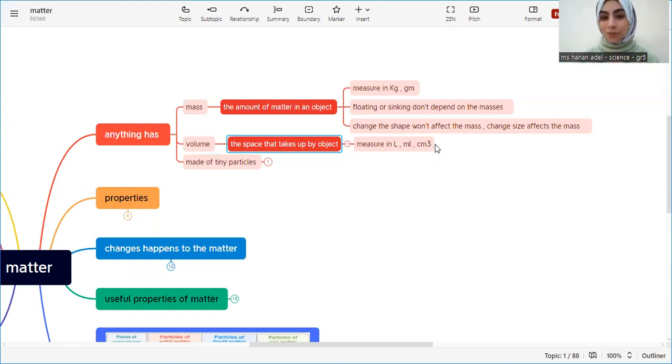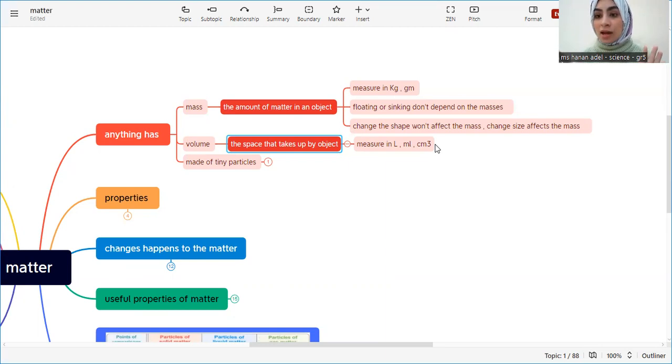We have more information about mass. Floating or sinking doesn't depend on the mass. So if I have, for example, a big object like a cork, it's big in size, but it's not heavy, it's light actually. If I put it in the water, it will float. And if I have something else, maybe big in mass and smaller in size like a nail, it will go down.